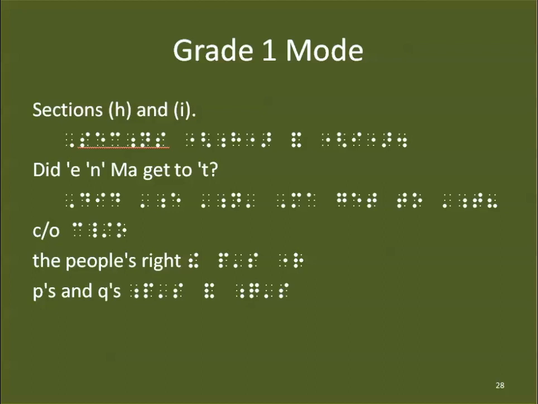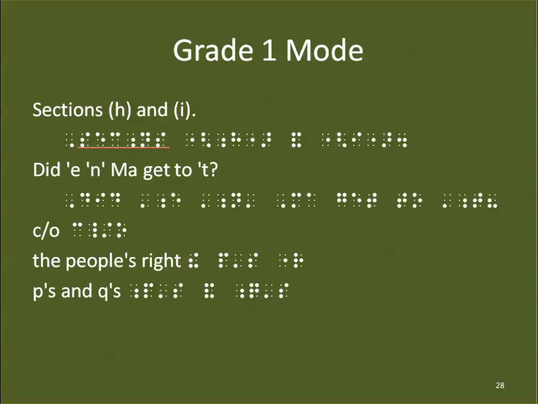Same thing with the N, but we have apostrophes on either side of the N there, but that's okay because the rules for standing alone say that an apostrophe can be before a letter or after a letter, and it doesn't affect the standing alone status of that letter.